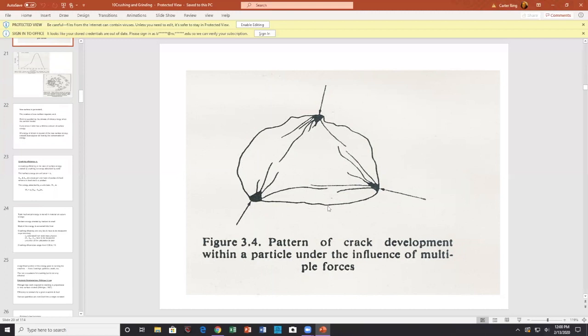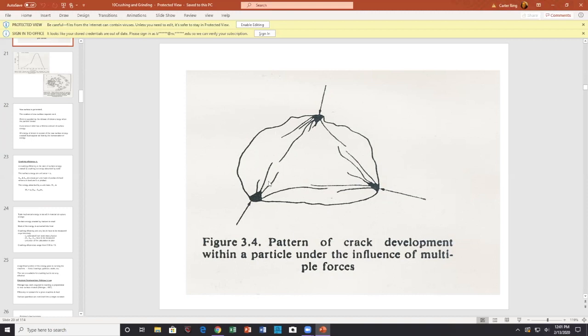So you're looking for maybe 3, 4, or 5 contact points. Above 5, going to 10 or more, you have a less efficient process. The size reduction occurs by the wearing away of the surface.